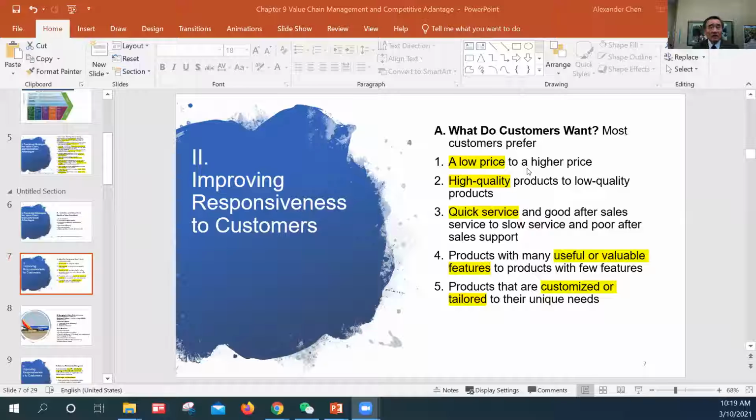So we take a look. You can see low price. It's always important. High quality, important. If something breaks all the time, no good. Quick service: you call someone, they call you back, they email you.